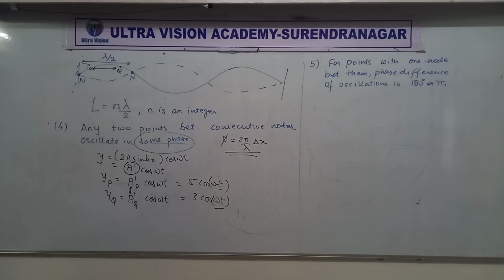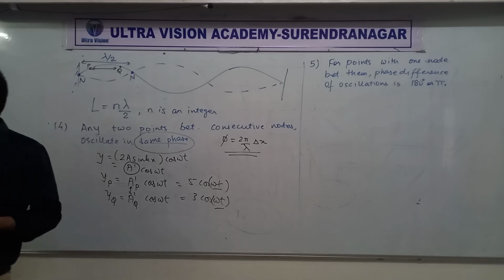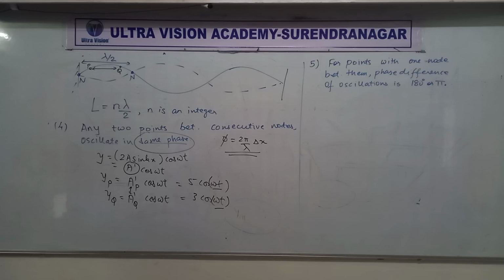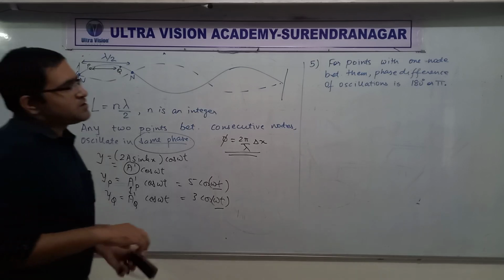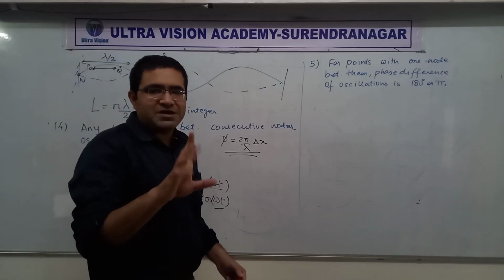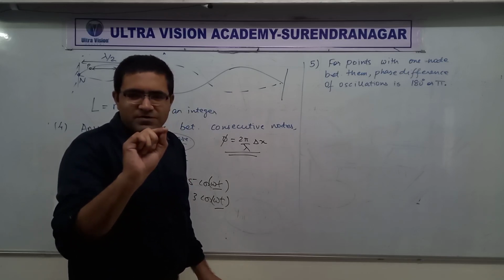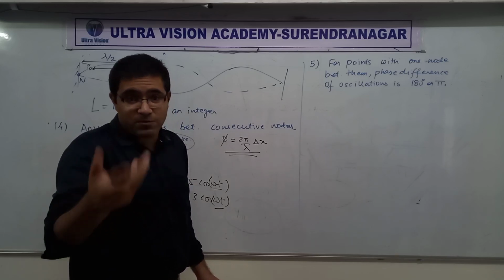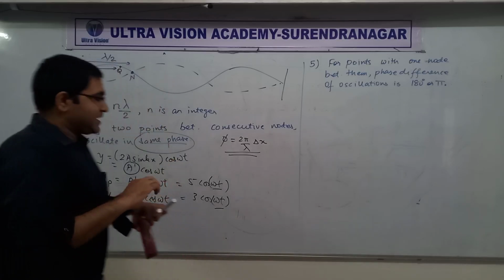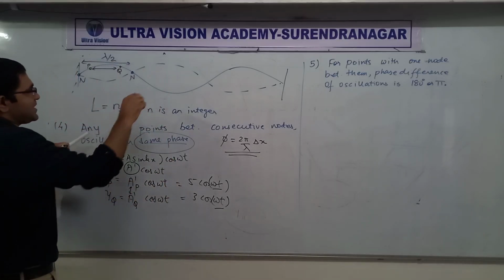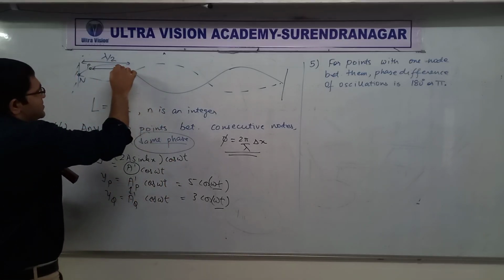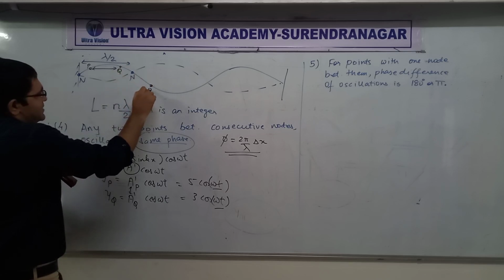So we have written here that if you take any 2 points with one node in between them, okay, take any 2 points, but there should be one node between them, only one node, not more than one node, right? So for example, I take the point Q and the point R, let's say.